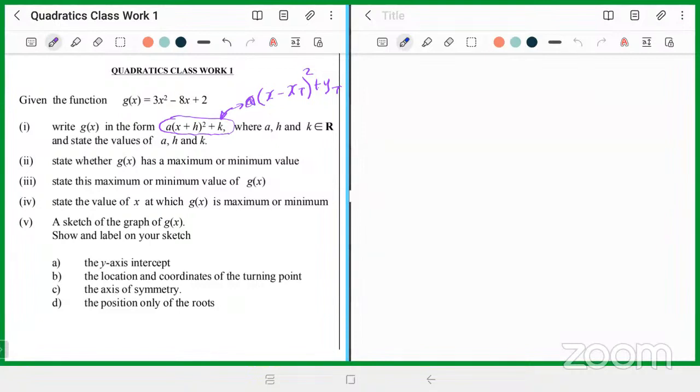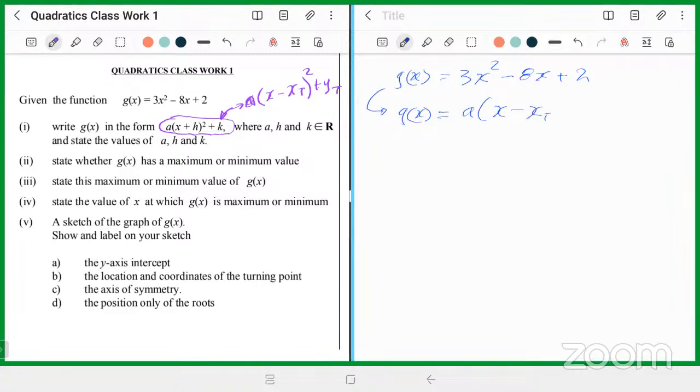They give us g of x equals 3x squared minus 8x plus 2, and we are going to complete the square. So we're going to write it in the form g of x equals a into x minus xt squared plus yt.